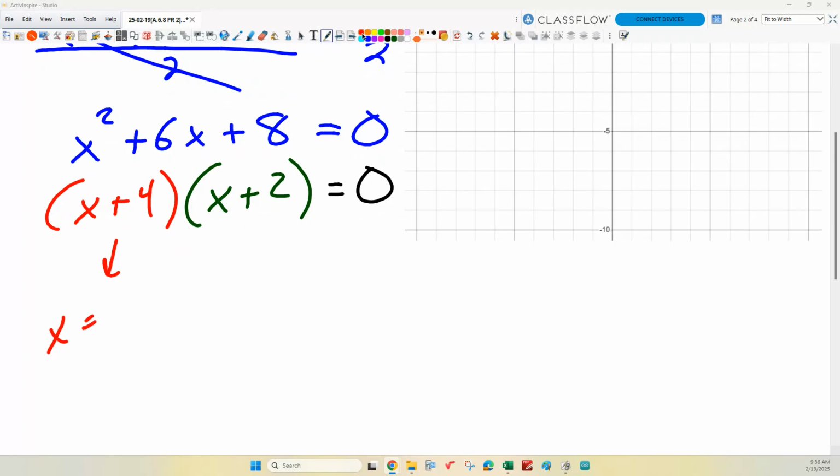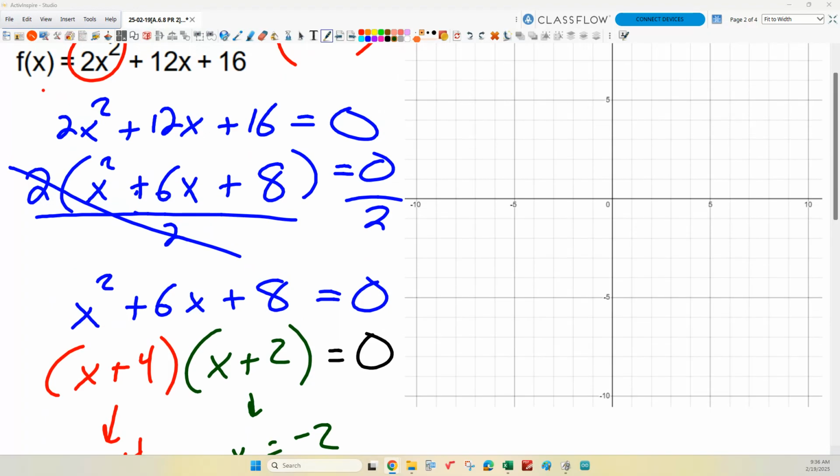Either x equals negative 4 or x equals negative 2. So where are my x-intercepts? Negative 4 and negative 2, because those were the places where my function equaled 0, right? Where y equals 0. The y coordinate is 0 on the x-intercepts.